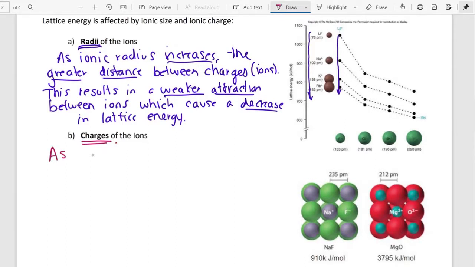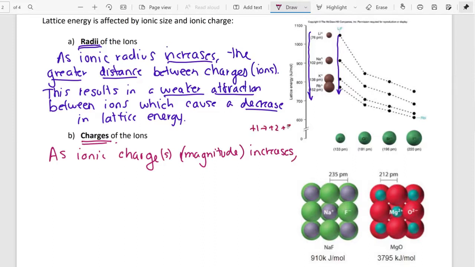So as the ionic charge increases, and really we're talking about the magnitude of it, whether it goes from +1 to +2 to +3, or, ignoring the sign, from -1 to -2 to -3, if I'm increasing the magnitude of the charge, the stronger the attraction between the ions.